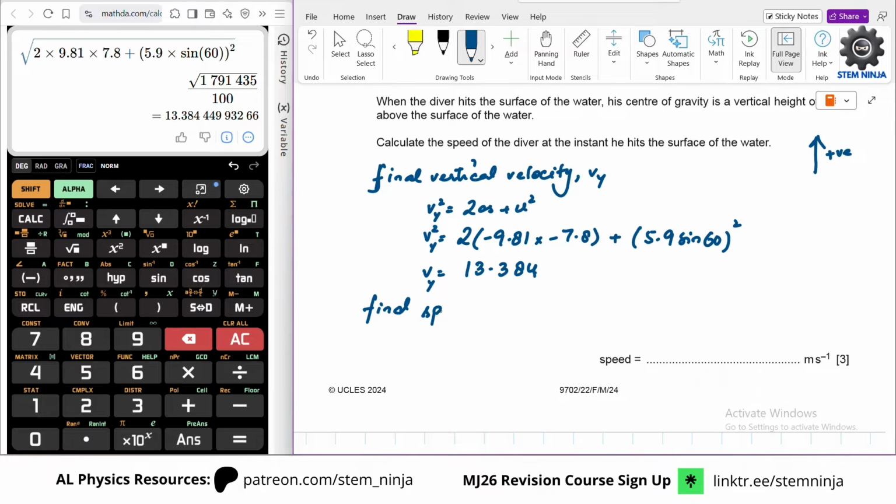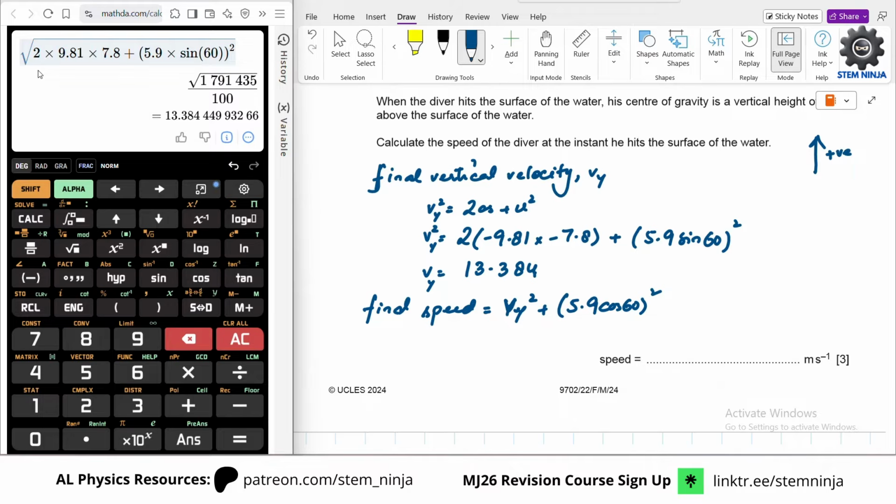So final speed would be Vy whole squared plus 5.9 cos 60 whole squared.